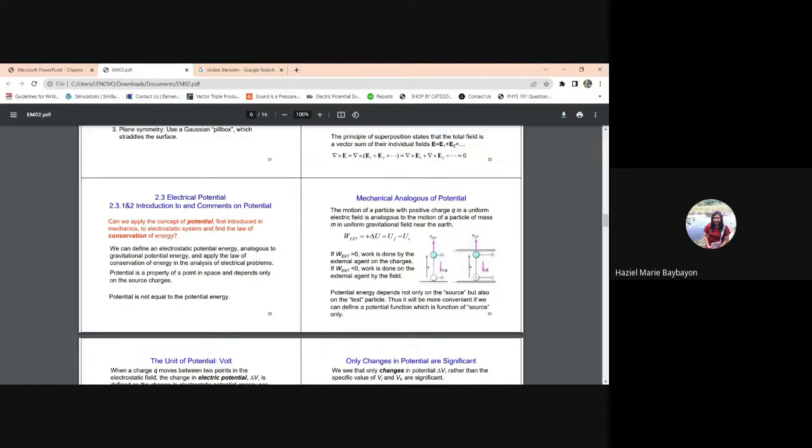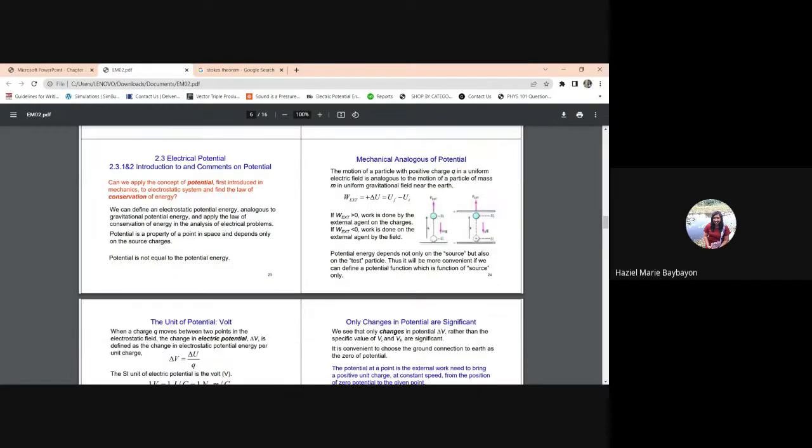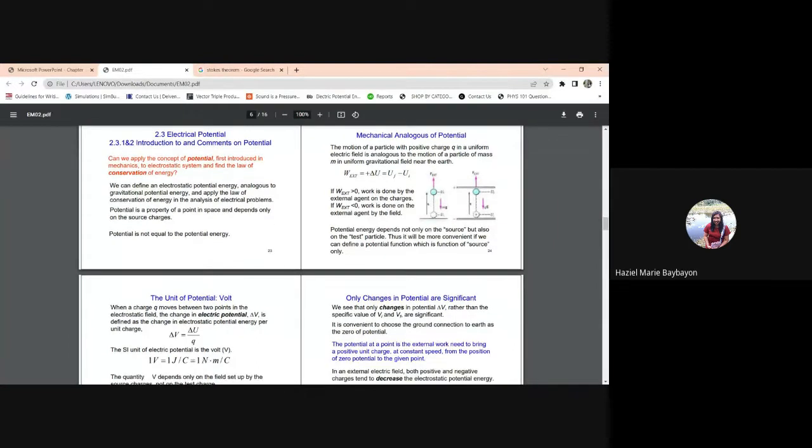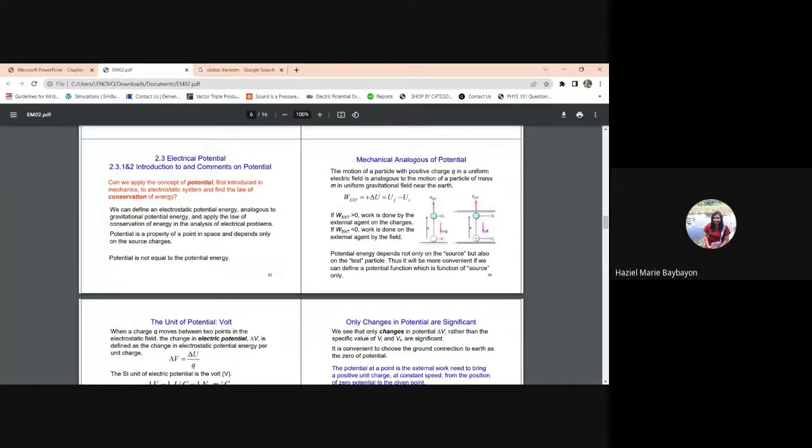Alright. So, what is the electric potential? Do you have an idea what electric potential is? Electric potential is just like gravitational potential. Now, can we apply the concept of potential first introduced in mechanics to electrical systems and find the law of conservation of energy?